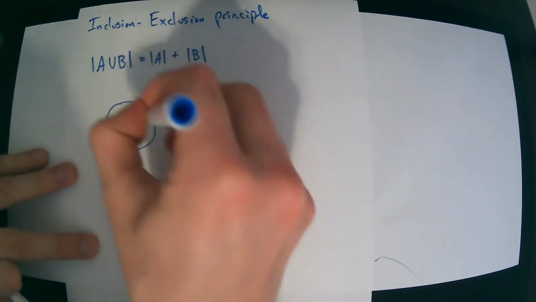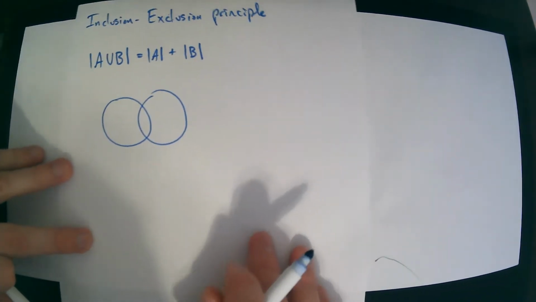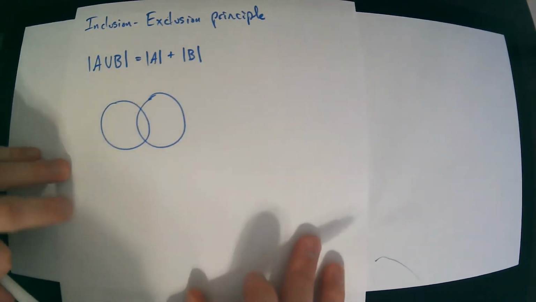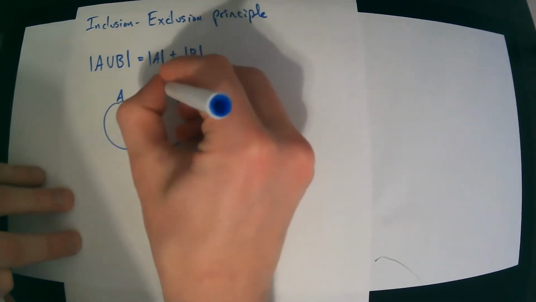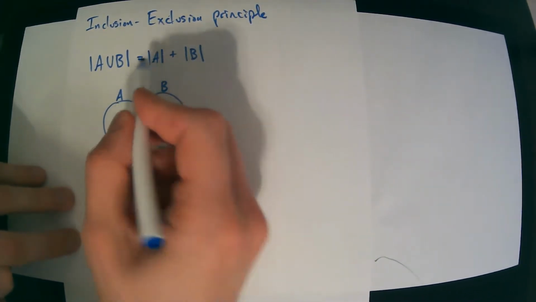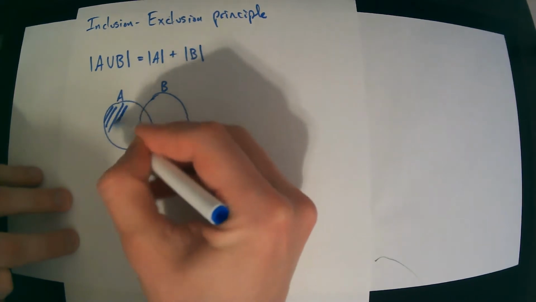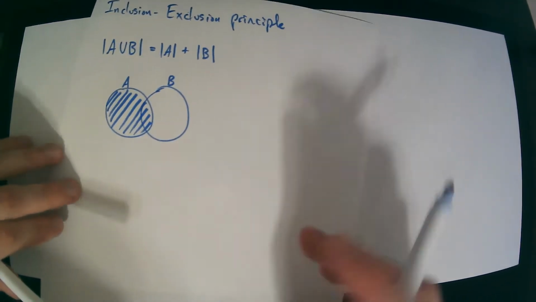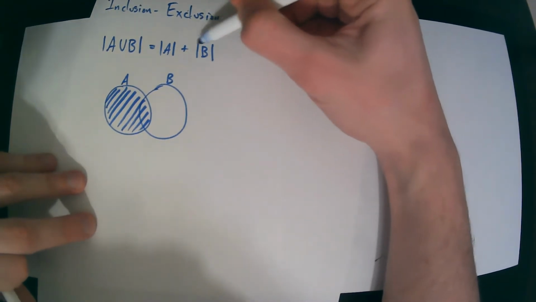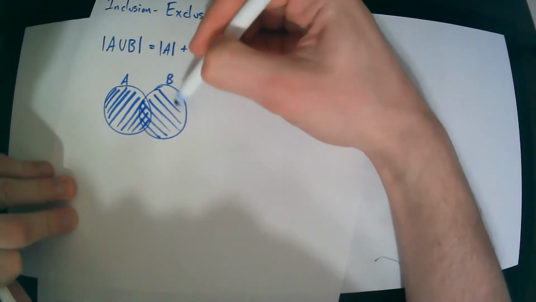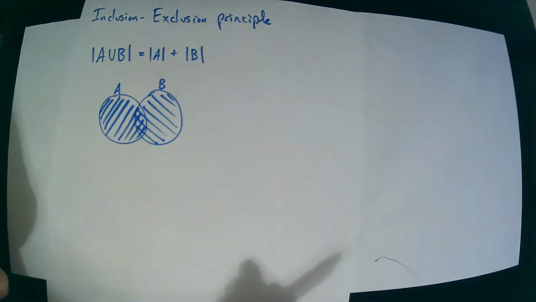Let's see if we can figure out what we need to do to alter this, because right now this isn't necessarily correct. If this is A and this is B, then when I say cardinality of A, that's everything in this set, and then the cardinality of B, that's going to be everything in this set. But do you see the problem?